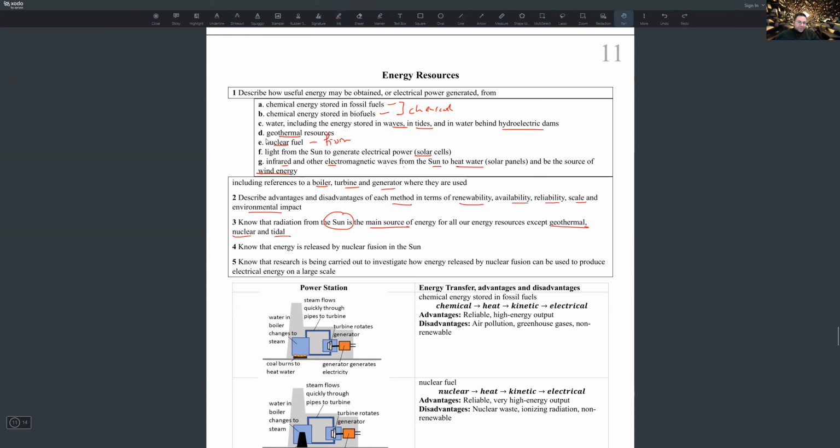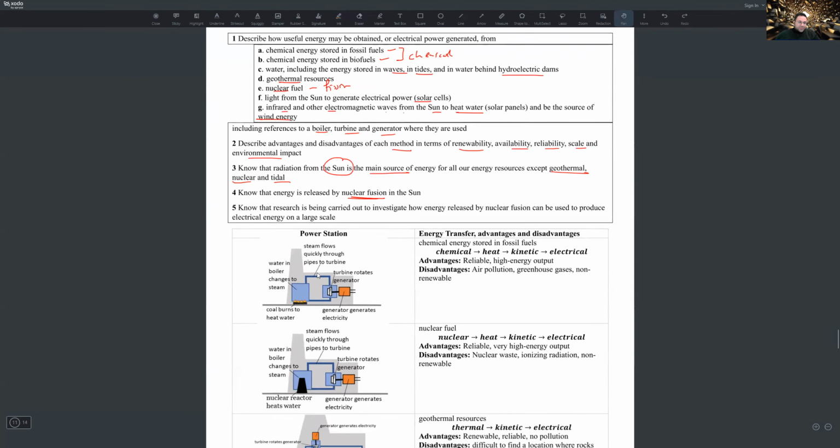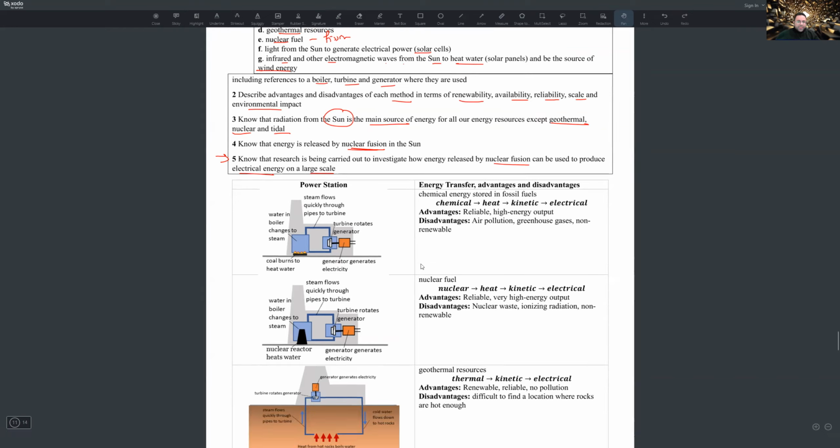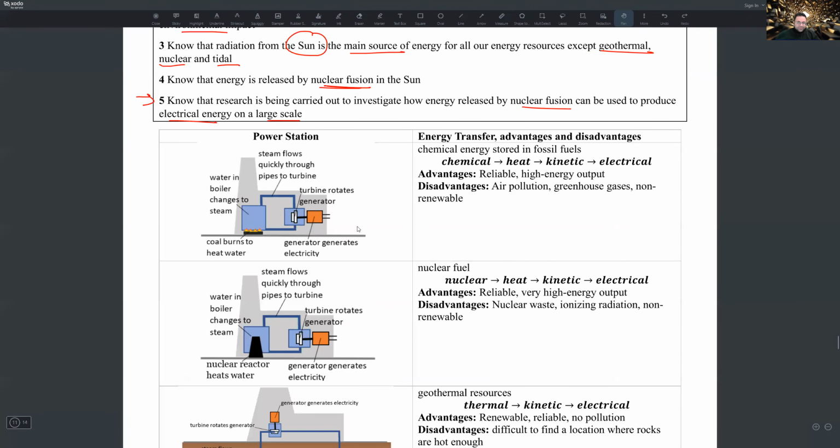And know that energy is released by nuclear fusion in the sun. So the sun is basically nuclear fusion. And finally, know that research is being carried out to investigate how energy released by nuclear fusion can be used to produce electricity on a large scale. You got it. We've been trying for a very long time to achieve nuclear fusion here on Earth, like in the sun, to generate a lot of electricity. Anyway, very briefly.